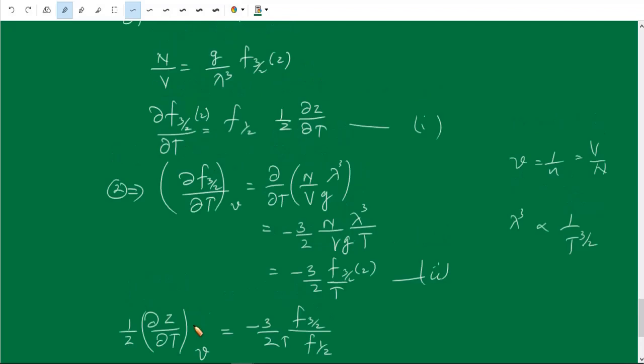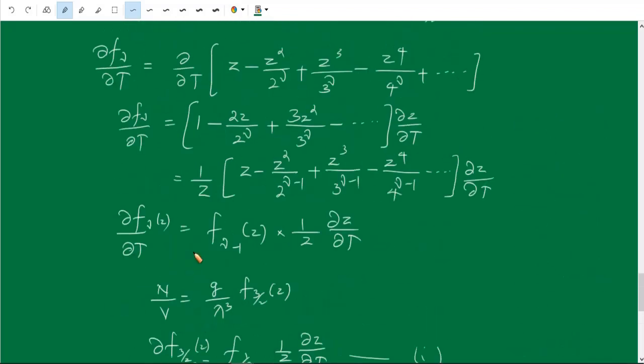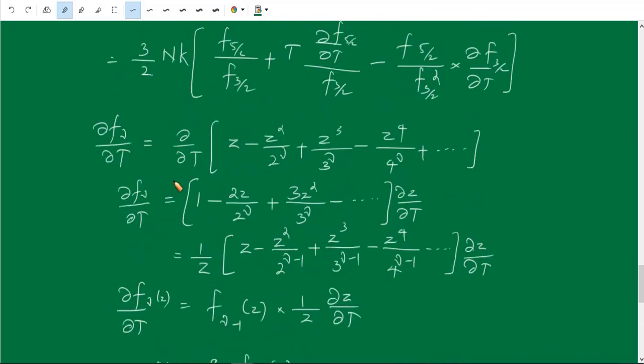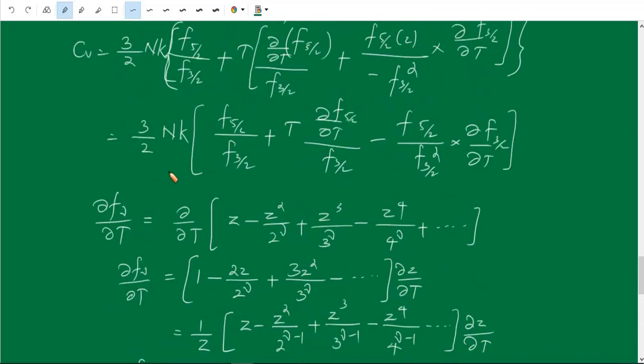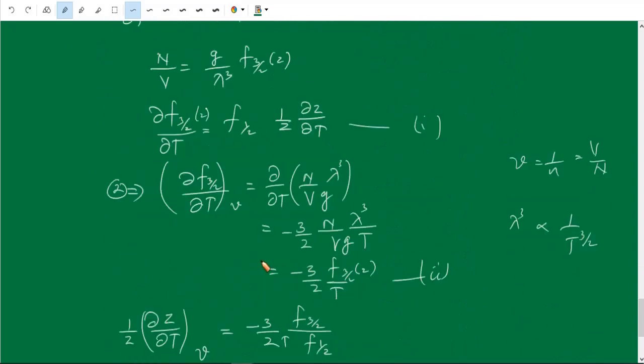So we can substitute these values in this expression. So here, CV is equal to f_(5/2)/f_(3/2) plus T ∂f_(5/2)/∂t divided by f_(3/2). So this can be replaced and this also can be replaced using these two formulas. Okay.